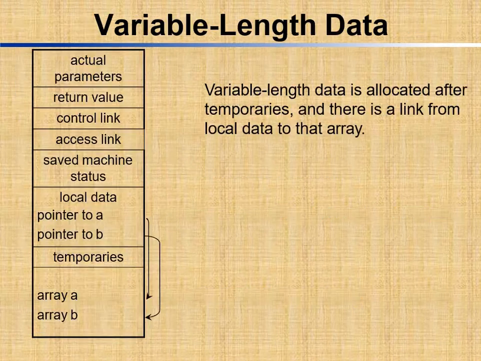Now we can see this is the same. Suppose we take this activation record with actual parameters, return value, control link, access link, and local data like pointer to A and pointer to B, and temporary variables like array A and array B. Variable length data is allocated after the temporary variables, and there is a link from local data to that array.